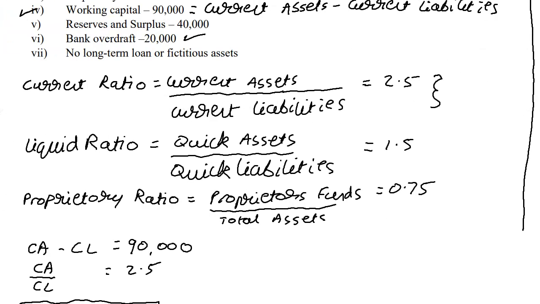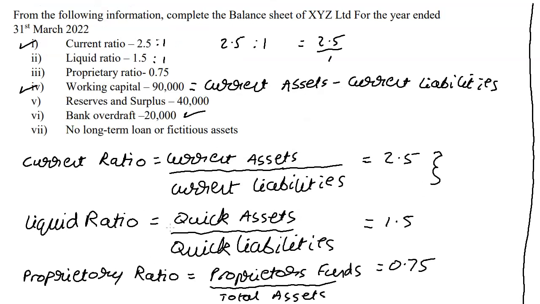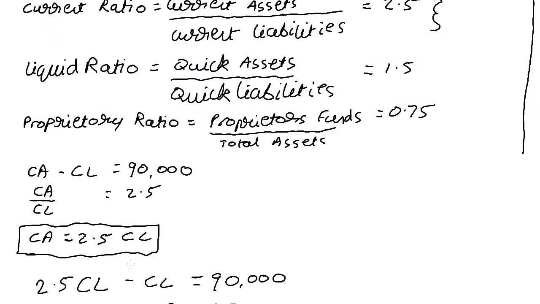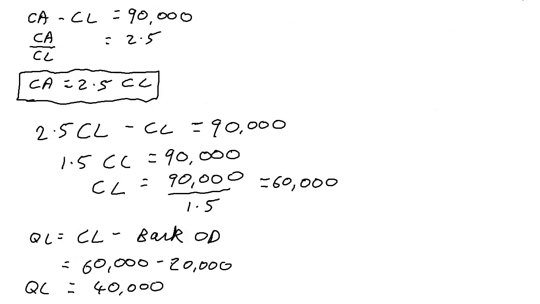Going further, we have made use of the current ratio, we have made use of working capital, reserves and surplus was directly given to us, bank overdraft was directly given to us. What else do I need? I need to know what the total assets are. Current assets are found. There's no further information with which I can break it up.